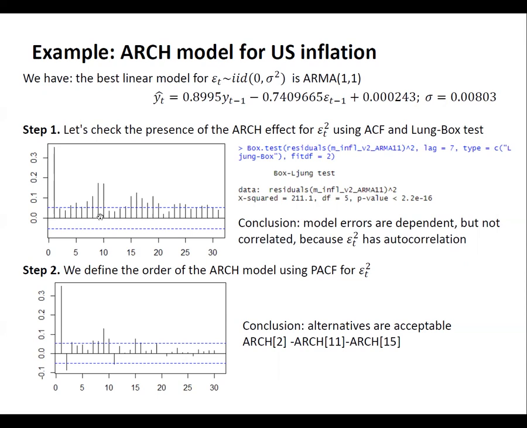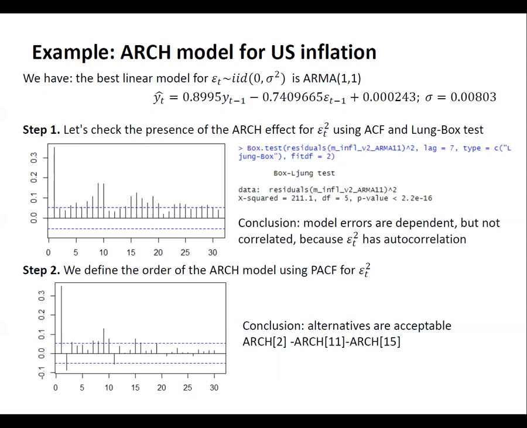So there is significant autocorrelation here. That is, indeed, the ARCH effect is visible through the ACF. We check this ARCH effect with the help of the Ljung-Box test, and here it is also clear that the ARCH effect, that is autocorrelation, is clearly present.